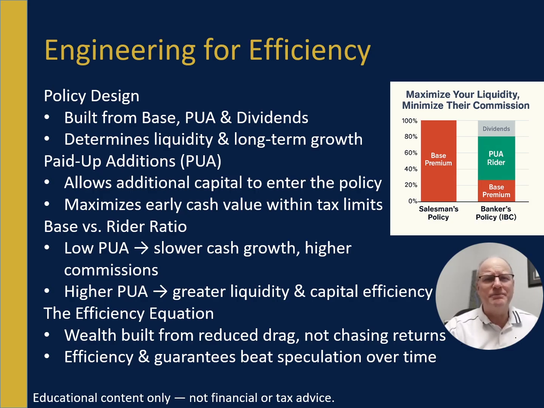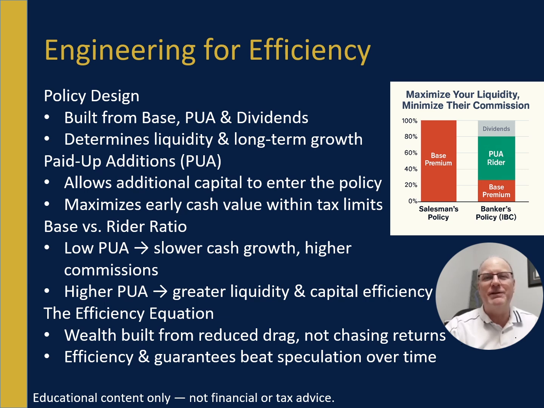Now let's zoom out. Wealth is rarely built by chasing the highest return. It's built by reducing drag: lower friction, lower unnecessary cost, greater structural efficiency. It's like trying to win a race. You can buy a faster car, or you can just stop driving around with your parking brake on.